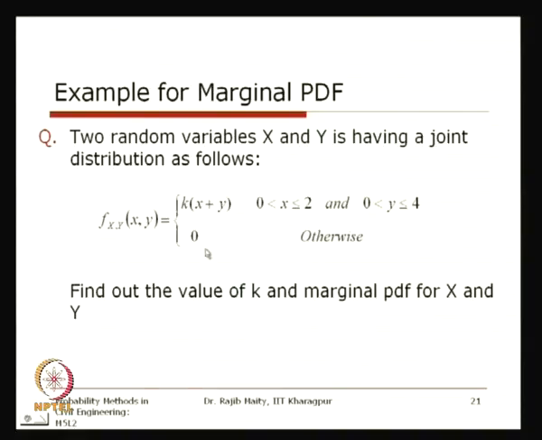First of all, we want to find the value of k. We have taken this type of problem earlier also: to find k, to be a valid PDF the integration over the entire range should equal 1. And then once we know k, what are the marginal PDFs of x and y? That is the question here.